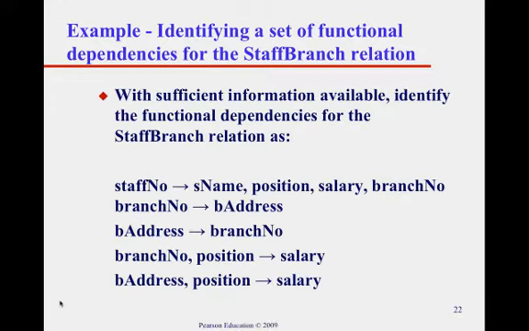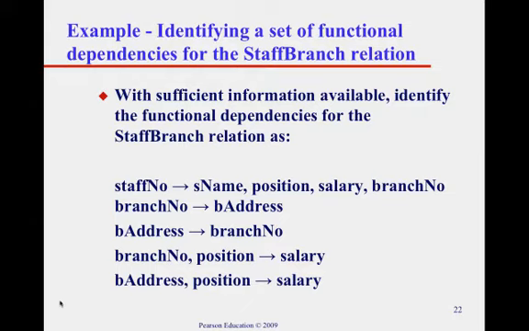Okay, so if we try to identify a set of full functional dependencies for the staff-branch relationship, this is what we might come up with. You're probably pretty confident about the first two because we've already discussed them.